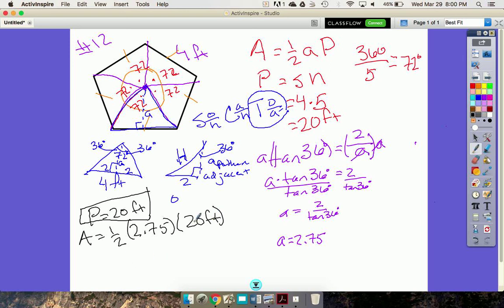You can put this in the calculator, but I'm going to do it in my head. 1/2 times 20 is 10. 10 times 2.75 is going to be 27.5. Make sure you put the correct units on here, no naked numbers. So it's feet, and we're doing area, so it's going to be feet squared. So that would be the 2 answers for this problem.